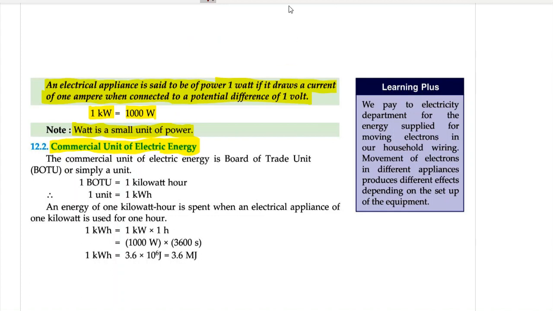Now at your home, you all might be getting electric bills, right? Have you ever observed these bills? In these bills, what they show is the amount of electrical energy consumed by you. So you are a consumer.